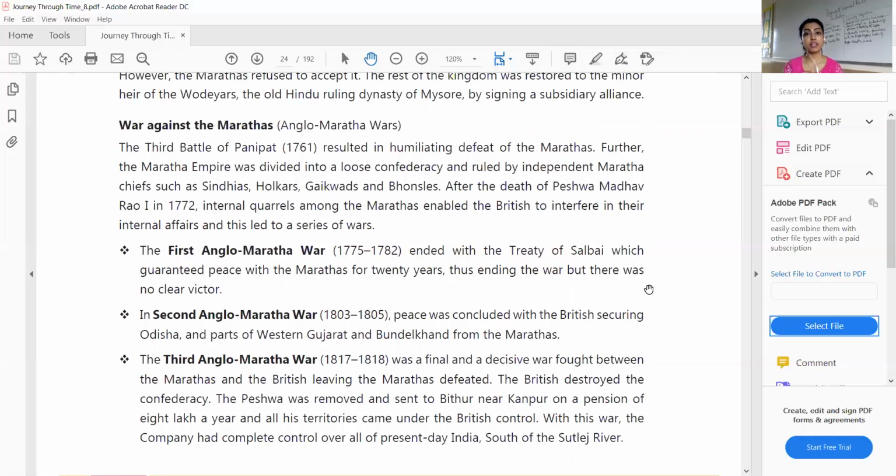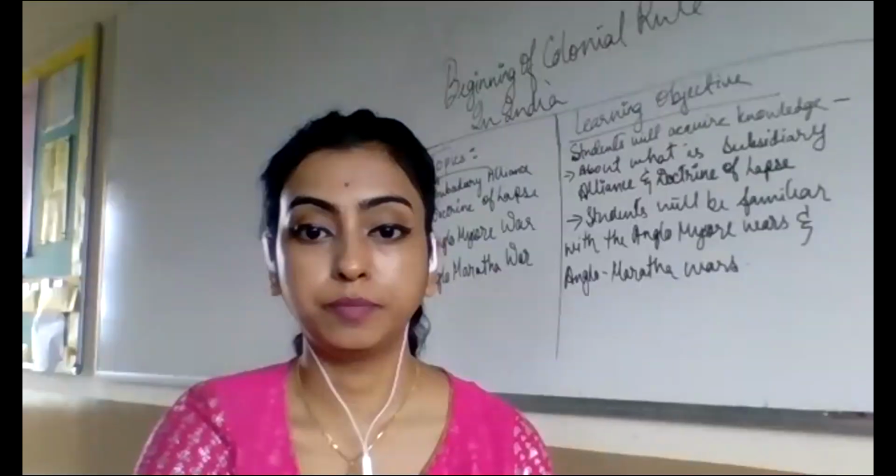There was internal conflict among the Marathas themselves, and the British tried to take advantage of this situation. Because of the British interference in the Maratha kingdom and administration, it led to a number of wars, which were known as the Anglo-Maratha Wars.